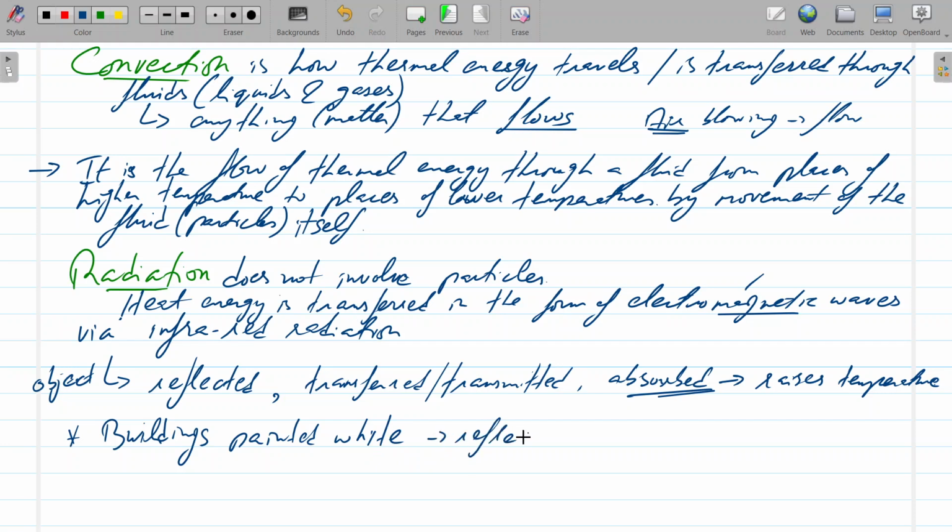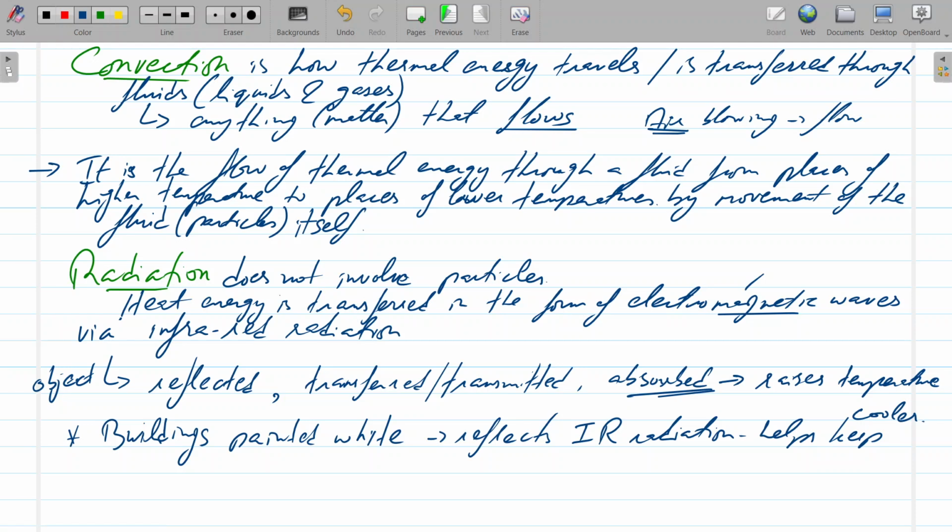So it reflects the infrared radiation and helps keep the buildings cooler. And that's true for your clothes as well. If you're wearing white clothes, they help to keep you cooler because they are reflecting heat that's coming your way via radiation.